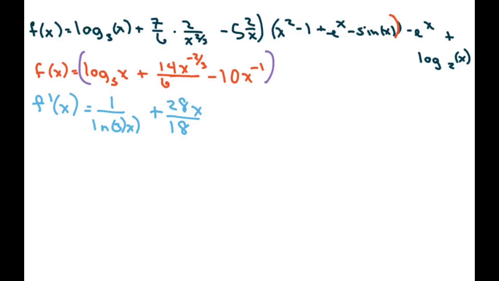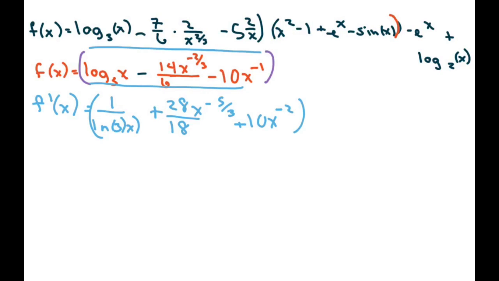I think this was a minus. Let me change that to a minus because it's right. So this will be plus 28x to the negative 5/3, and then this is just going to be plus 10x to the negative 2. So that's the first derivative of that piece.